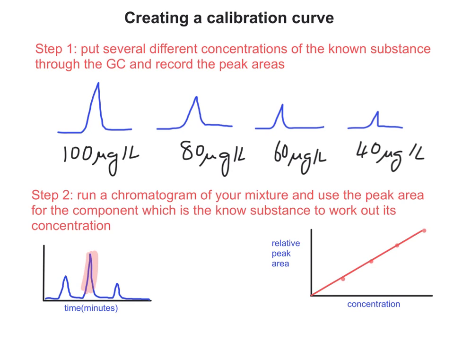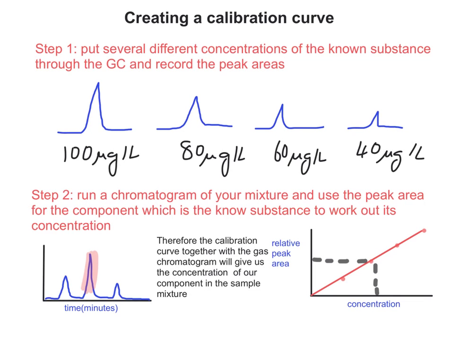So let's say the peak area is there. That gives us the concentration. So in this way, gas chromatography can be a quantitative measure of a mixture as well as telling you relative proportions. It can give you exact concentrations as well.